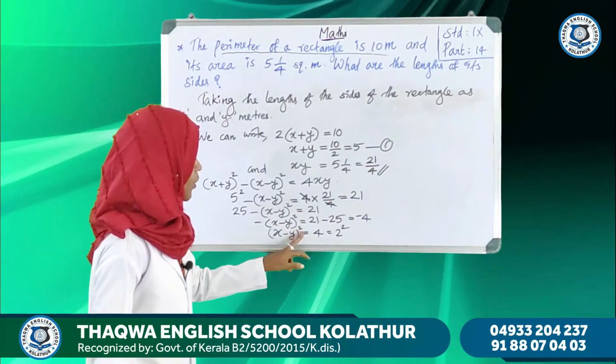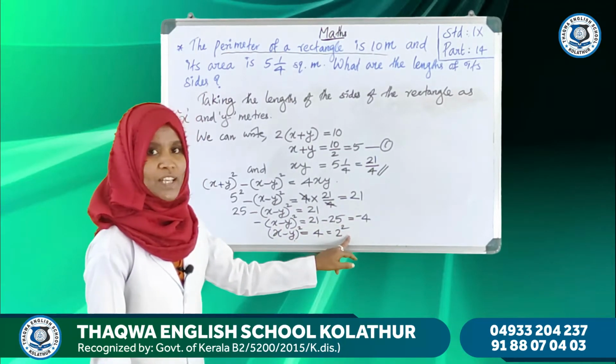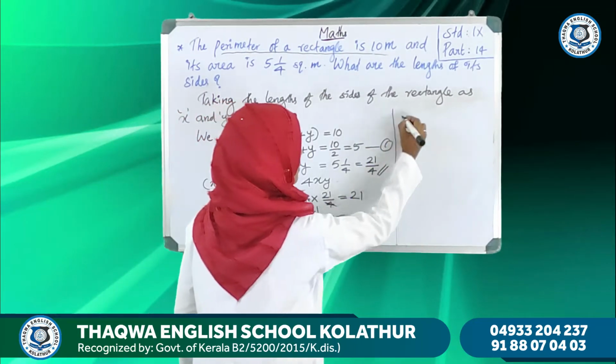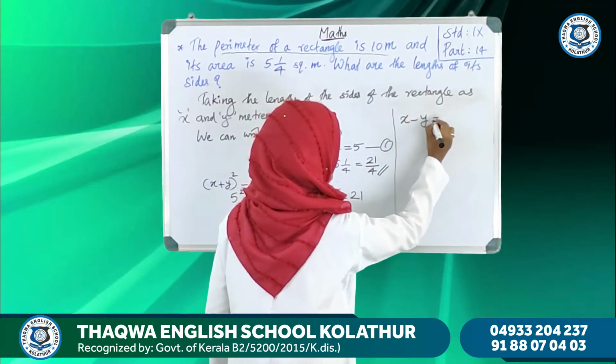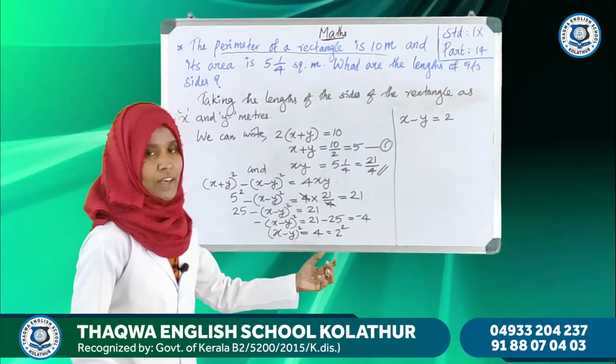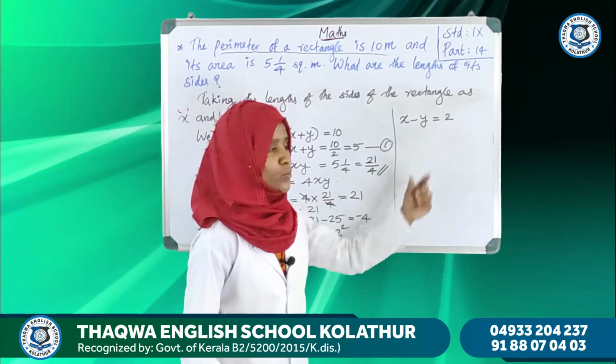Then (x minus y) whole square is 4, and 4 is 2 square. Then we can write x minus y is 2.